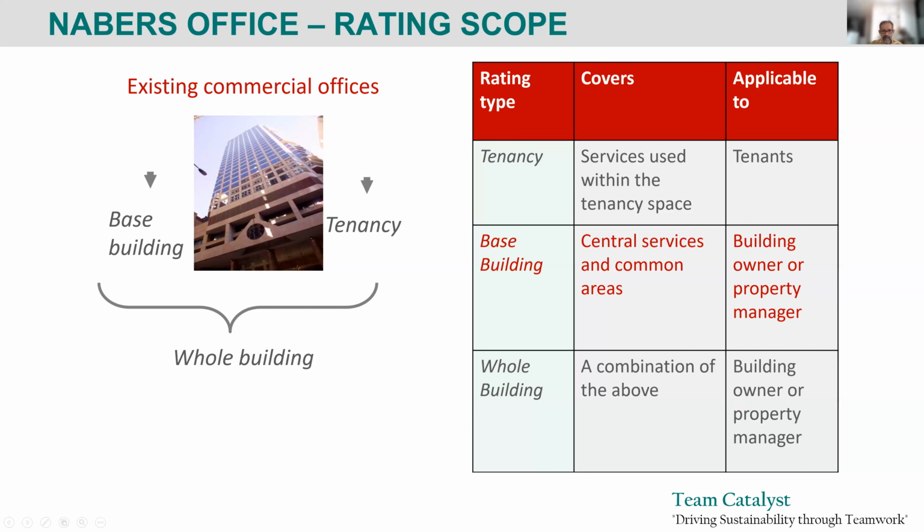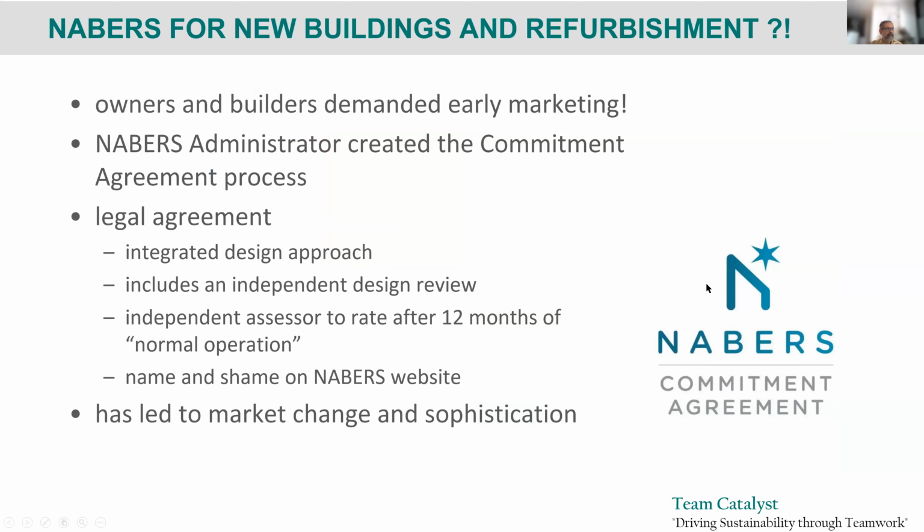So as you can see, NABERS was built for existing buildings because you require 12 months of operational energy bills. And it became so successful that developers started to ask, well, without building a building, how can we get a NABERS rating?